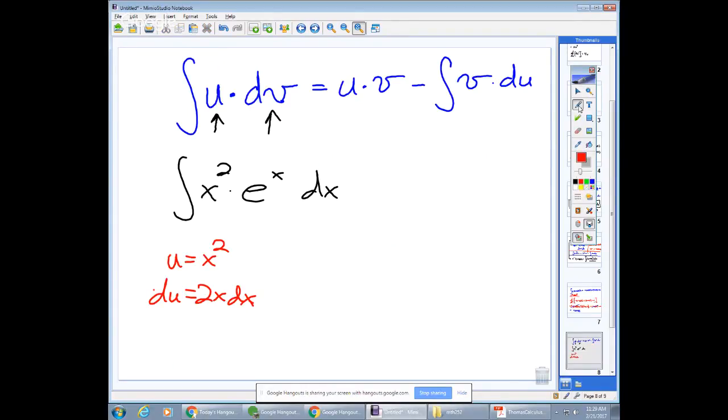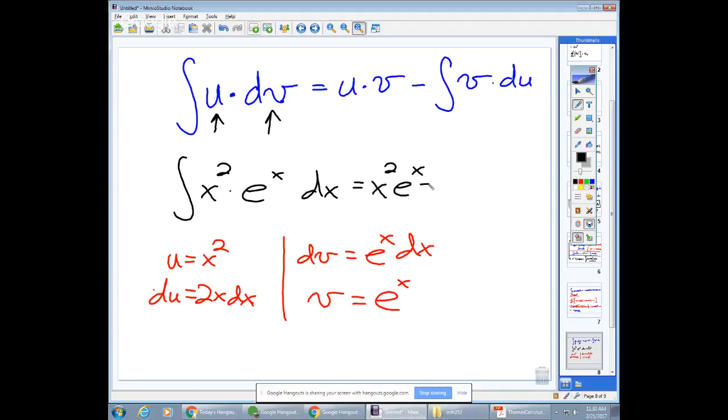And then I would pick dv to be e to the x dx, because that makes v, integrating both sides there, just e to the x. And so rewriting this, u times v gives me x squared e to the x minus the integral of v du.